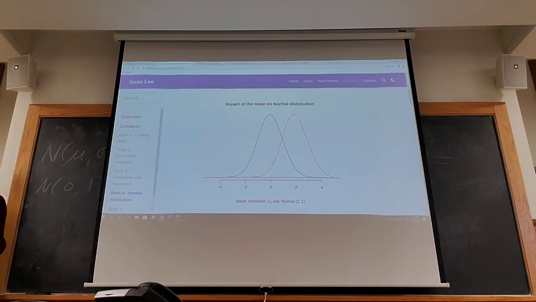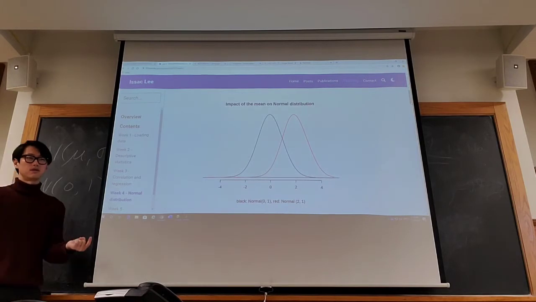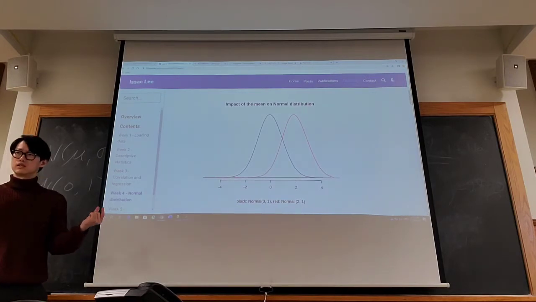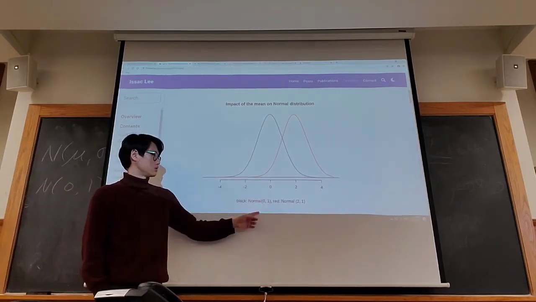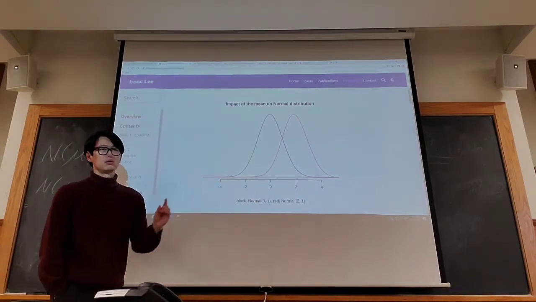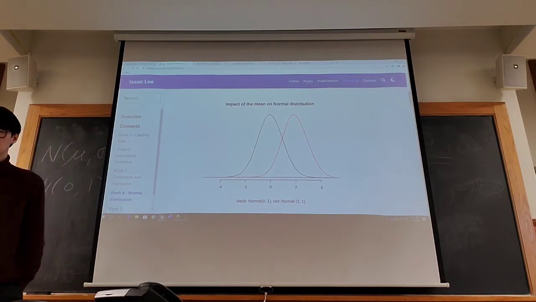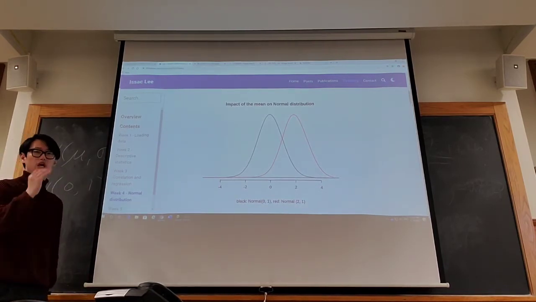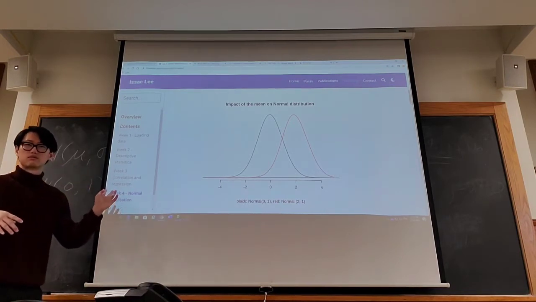They have the same standard deviation, but different means, right? Since the mean is related to the location of the distribution, the black one is centered at 0, which is its mean, and the red one is centered at 2, which is the mean of the red one.